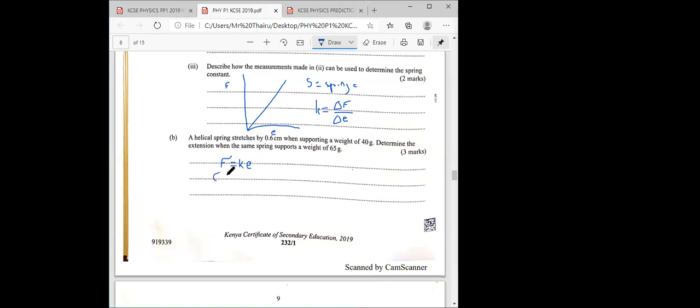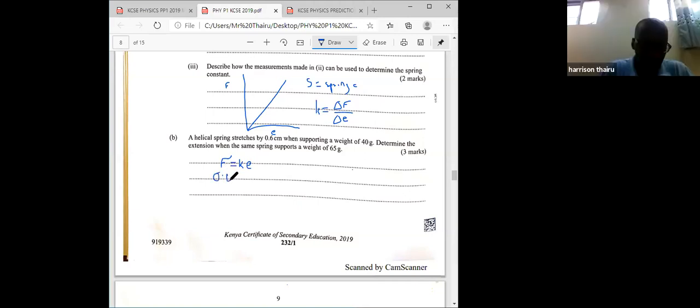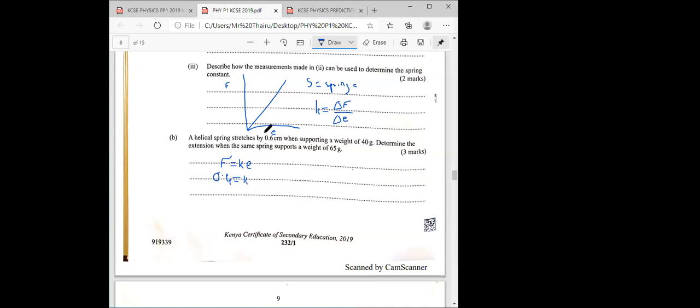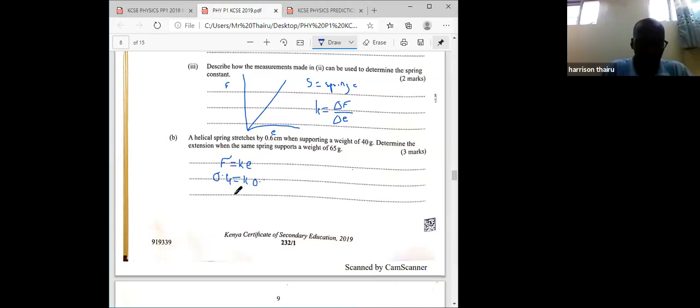So 0.4 is equal to the spring constant that we'd like to get first, multiplied by the extension, which in this case is 0.6. So that is our extension. Having this, it implies that K becomes 0.4 over 0.6, which is the same as 2 over 3. That is the spring constant.